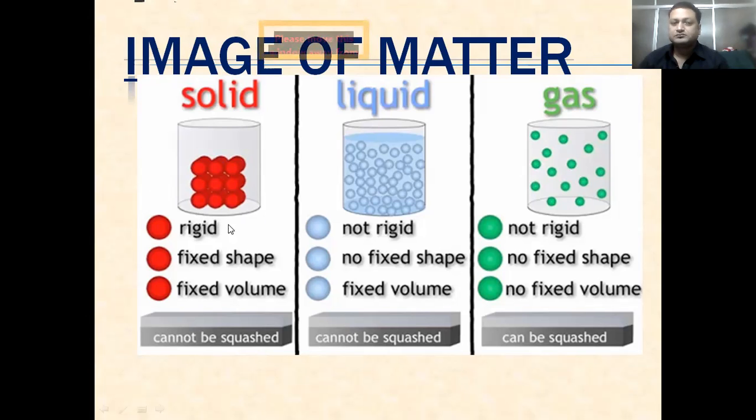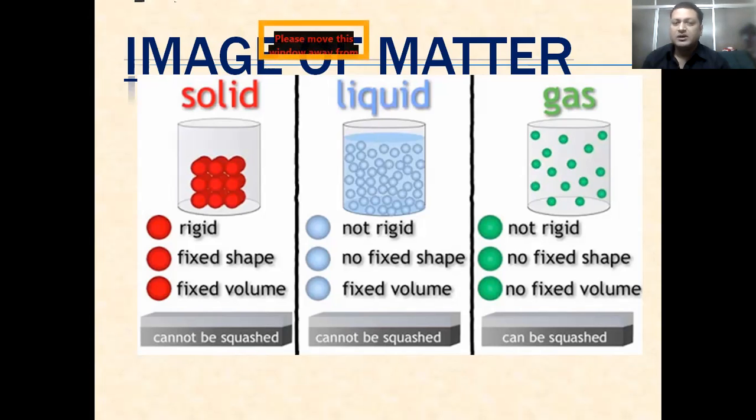In the first picture, molecules are closely tied. That means it has very little intermolecular space, and it has fixed shape and fixed volume. If you think about solid matter, some solid matter is very rigid, strongly attached together, and some is not so strong.